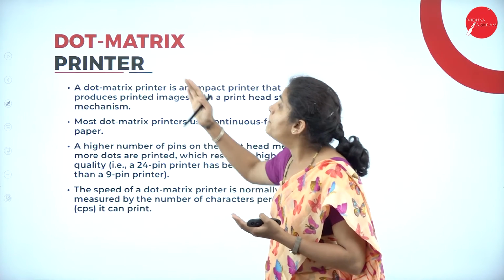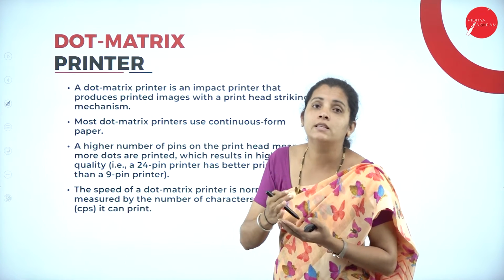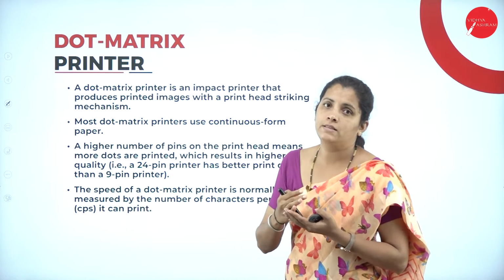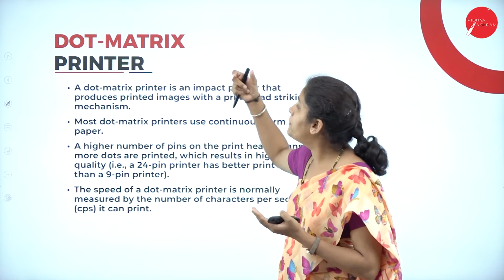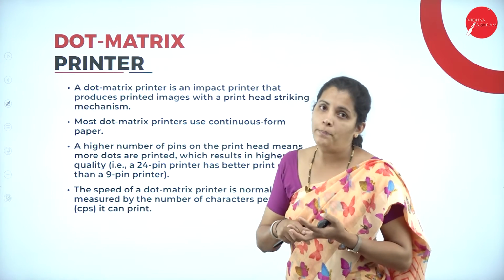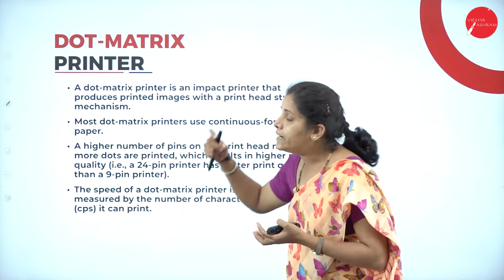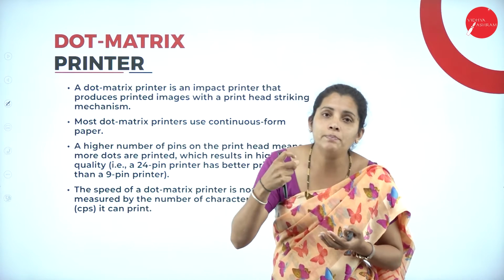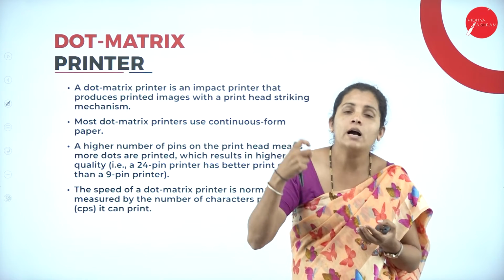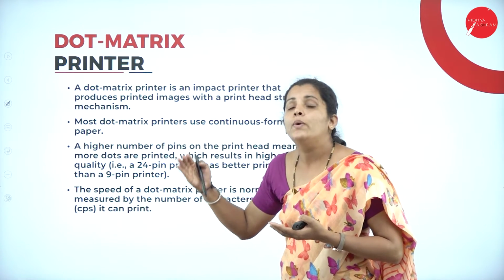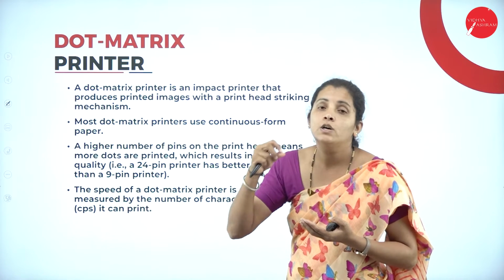So here the print head comes with 9 pins or 24 pins. The quality of the printout which comes with 9 pins is very low compared to the quality of output where the print head has 24 pins.